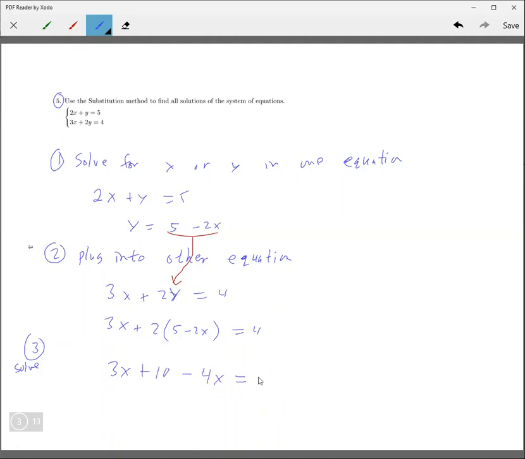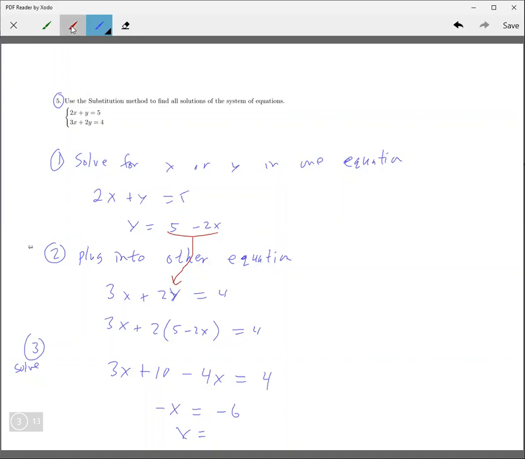And it's 4x equals 4. Let's see, the 10 goes over here. This is negative x equals, and the 4 minus 10 is -6. So x is... okay, I copied this down wrong.